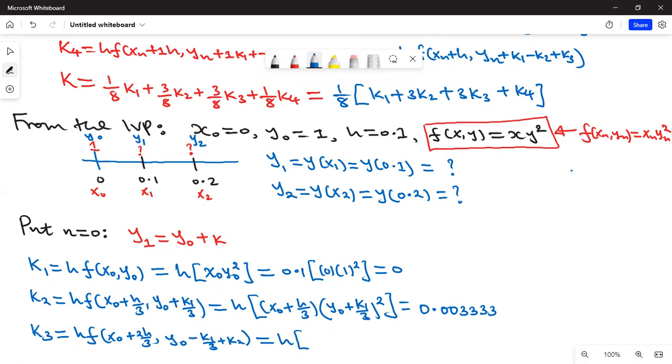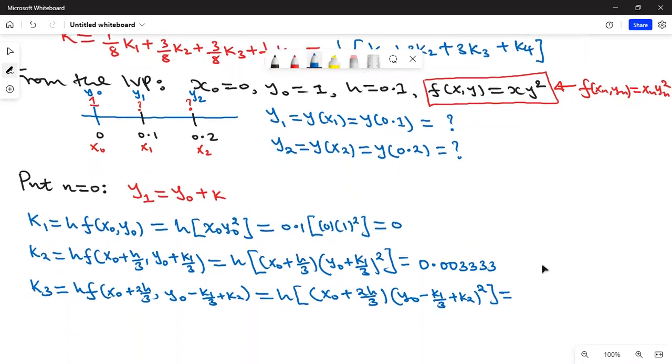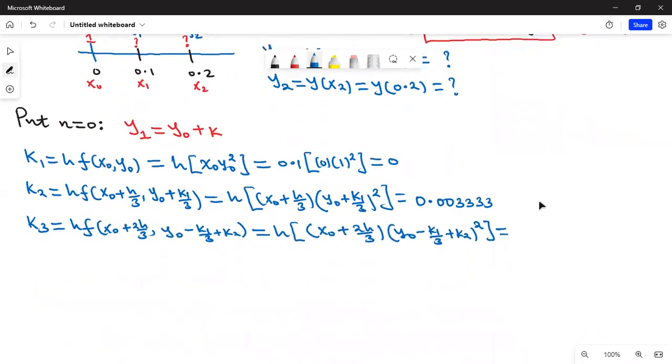Where there is y, we'll have y naught minus k1 over 3 plus k2. So that is x naught plus 2h over 3 times y naught minus k1 over 3 plus k2. And remember, it was y squared, so we square this. Substitute the values of x naught, y naught, h, k1, and k2, and then press in your calculator.